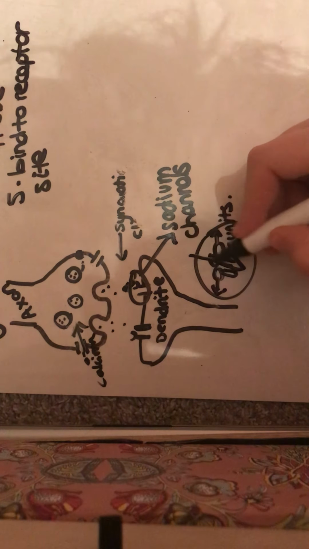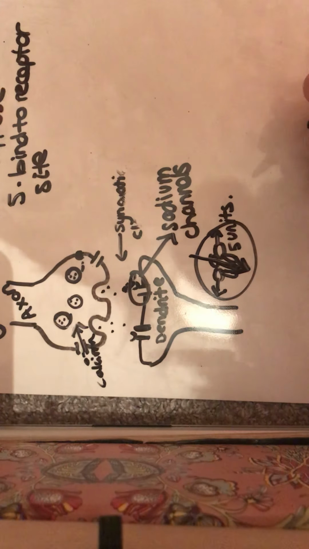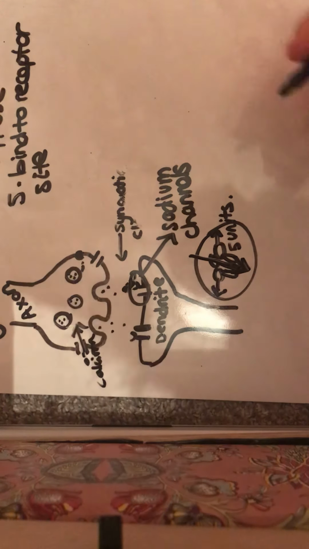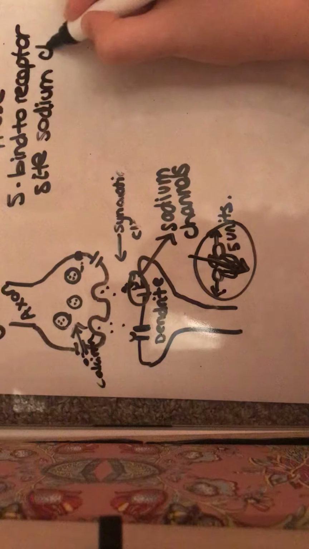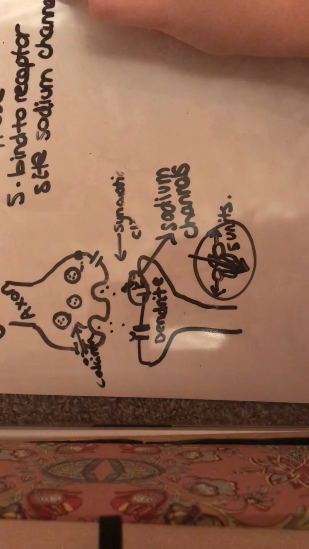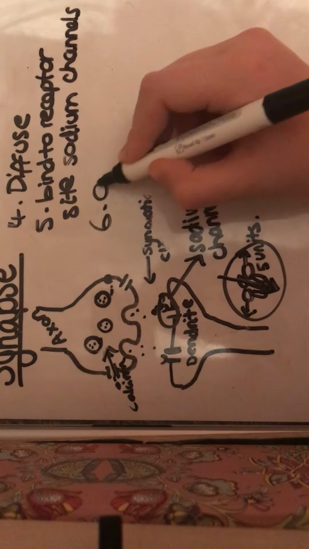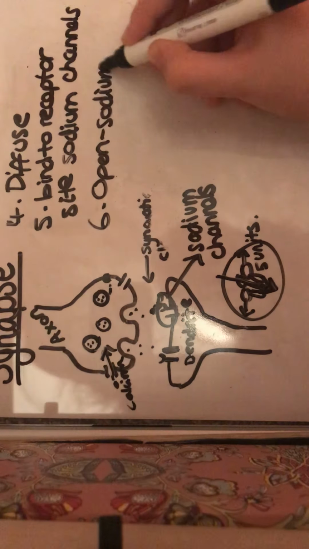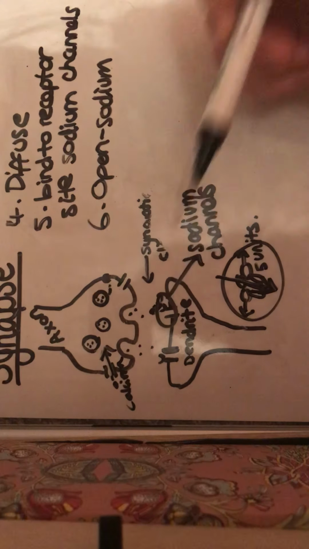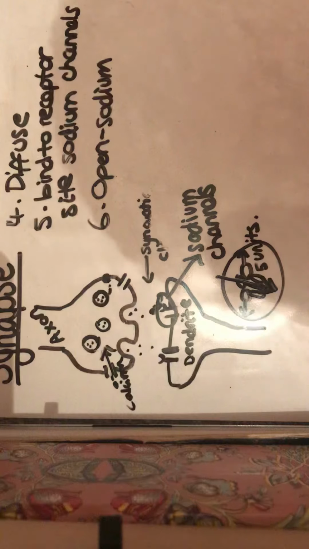And it allows sodium ions through. So it binds to the receptor site of sodium channels, so the sodium channels are going to be opened, and sodium is going to be allowed to diffuse into the postsynaptic neuron.